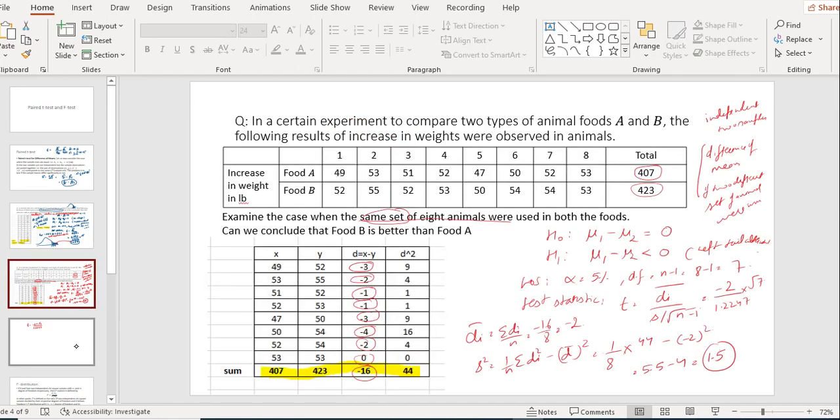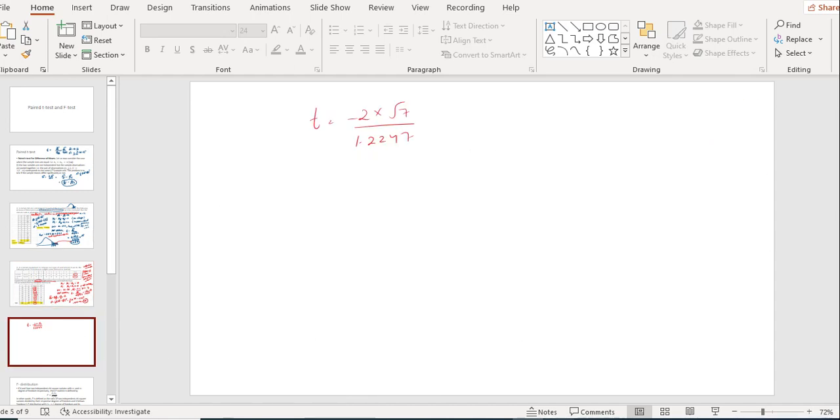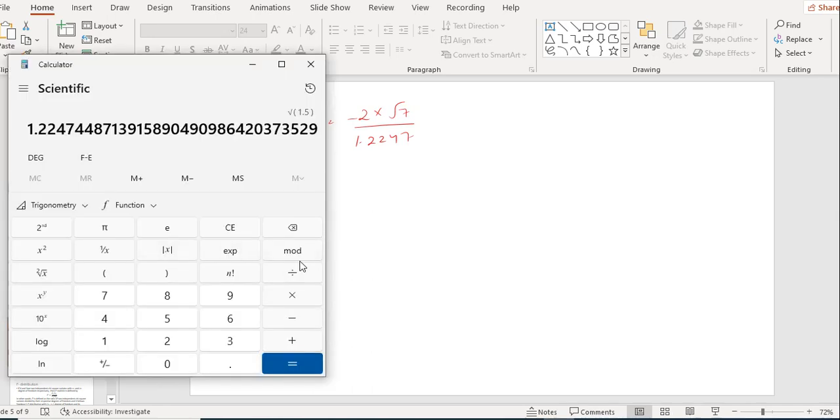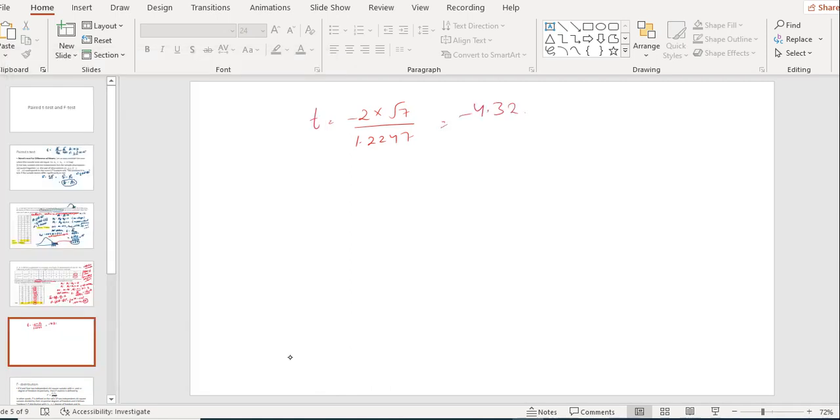Right. So what is the value of t comes out to be? Let us calculate this. So we take the reciprocal of this number, multiply by 2, multiply by square root of 7. So its value is minus 4.32.